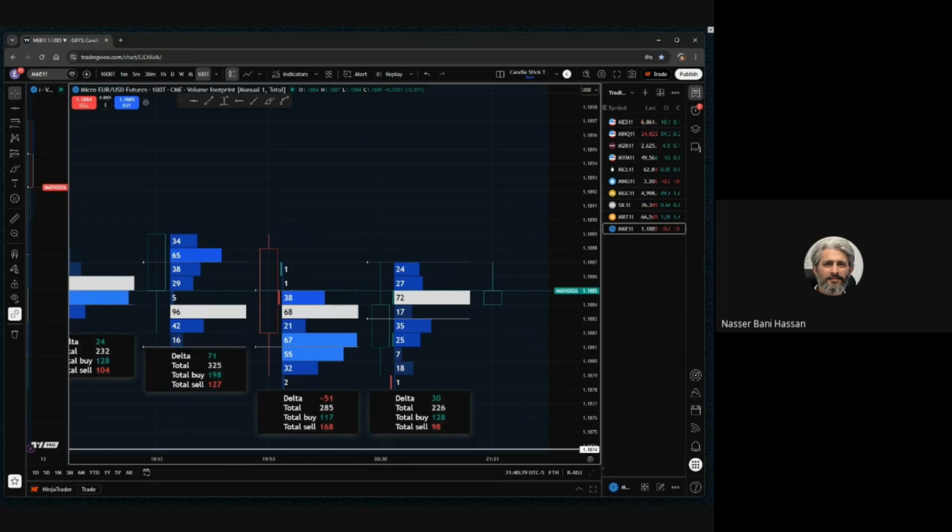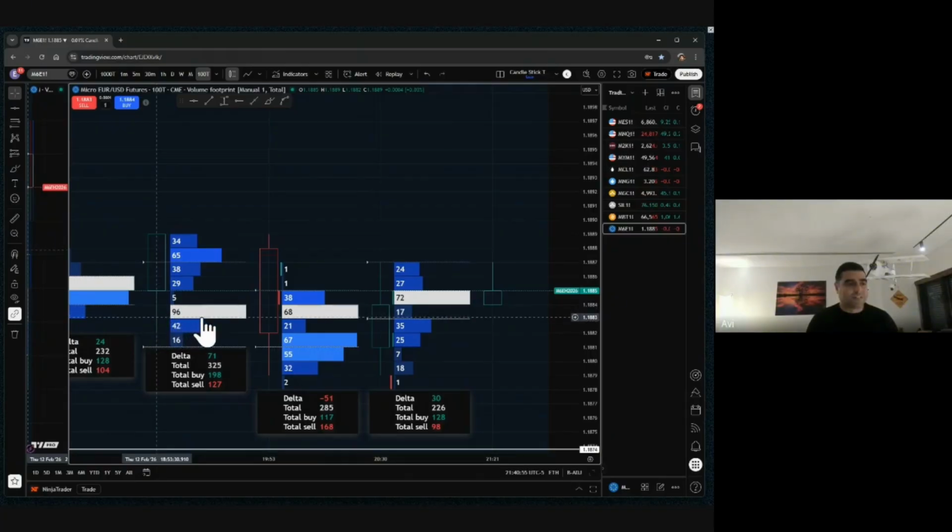As a counter argument to what I just said, the two candles before this, we have 96, and it is green. So what does this mean? Does it mean that actually more trades happened in the lower part, and what does it indicate?